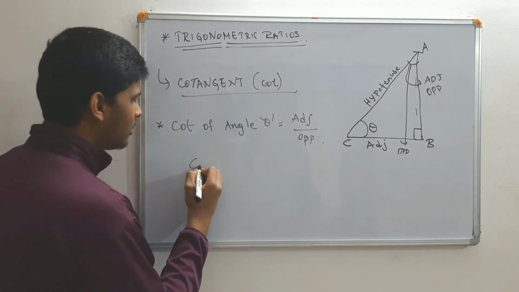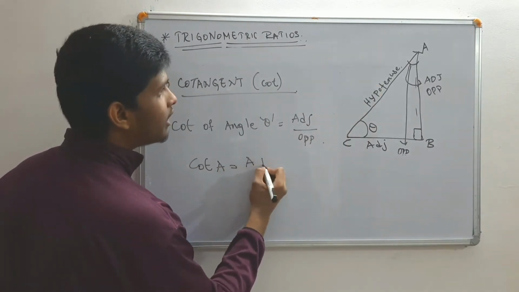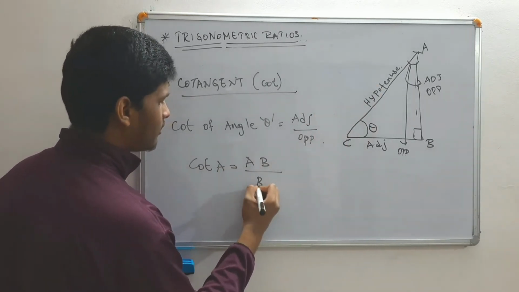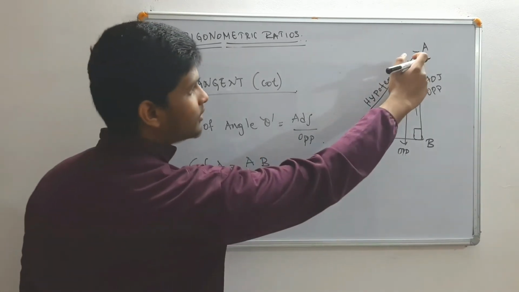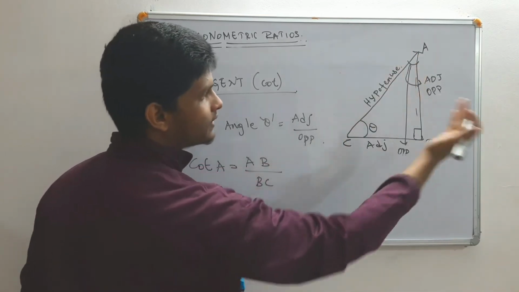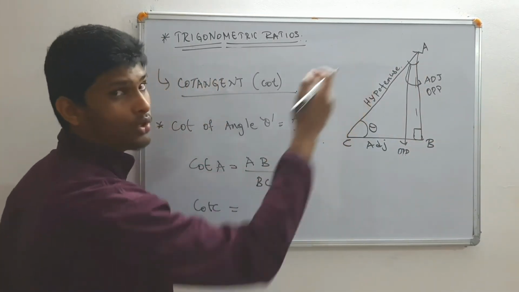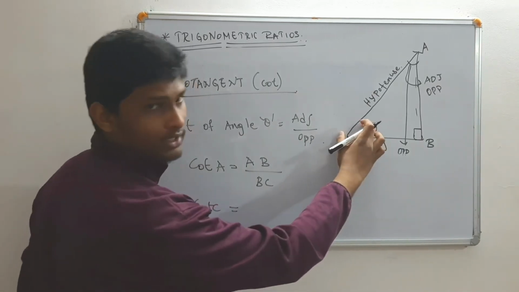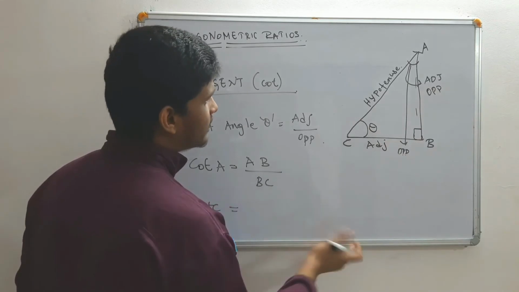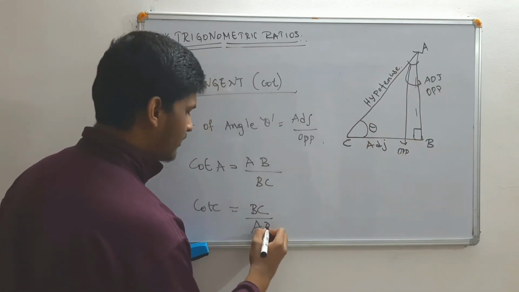If you consider here, cot A will become AB divided by BC, because according to angle A, adjacent side is AB and opposite side is BC. And cot C: here this angle is C, so adjacent side is BC and opposite side is length of AB.